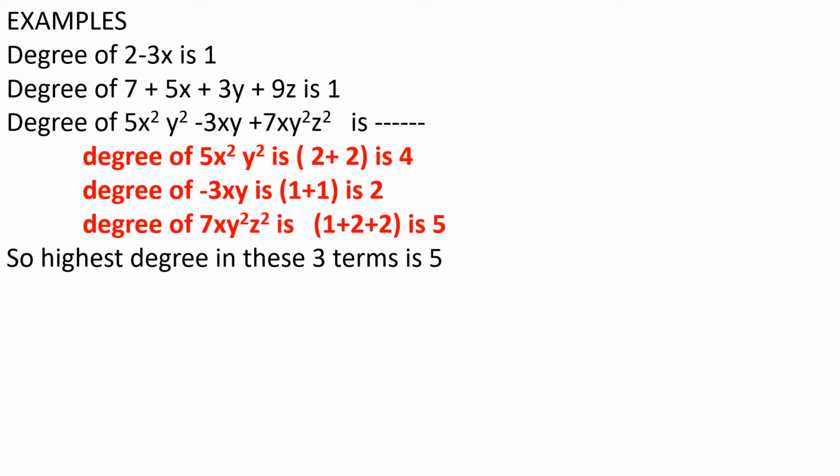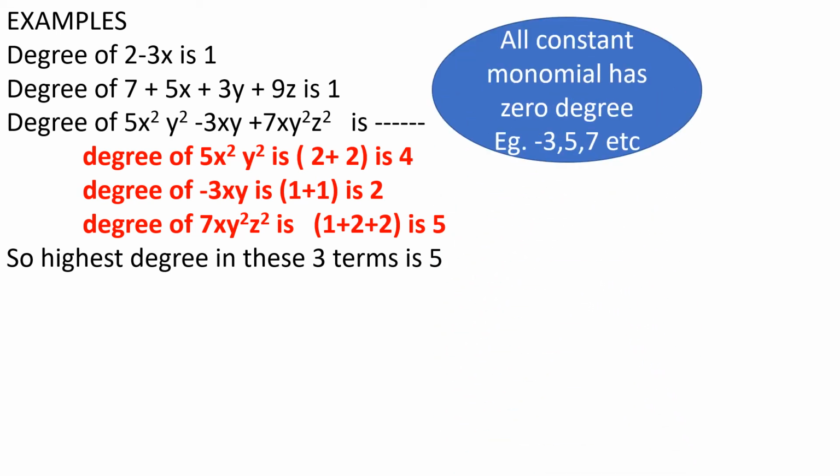Also, you should understand all the constant monomials have 0 degree. For example, 7 can be written as 7x to the power of 0. So the degree over here is 0. So all constants will have the degree as 0.